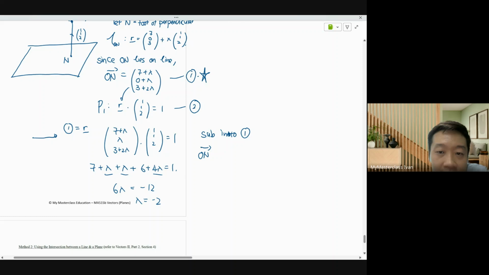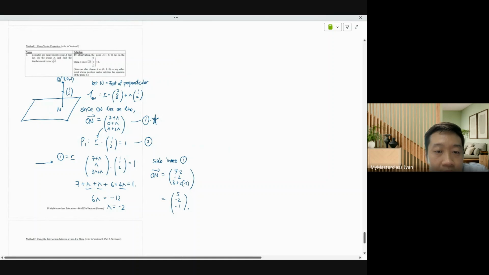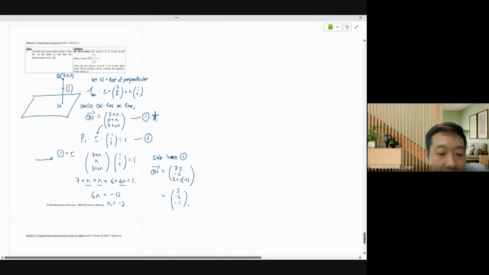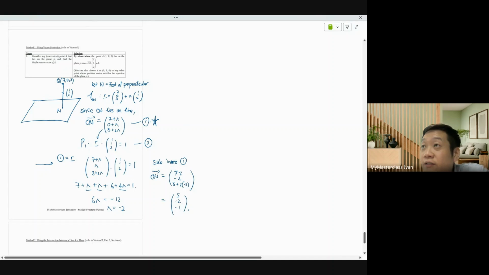So you found ON equals 7 minus 2, and 3 plus 2 times negative 2, which is 5, negative 2, negative 1. Understand? So this is how we find ON.